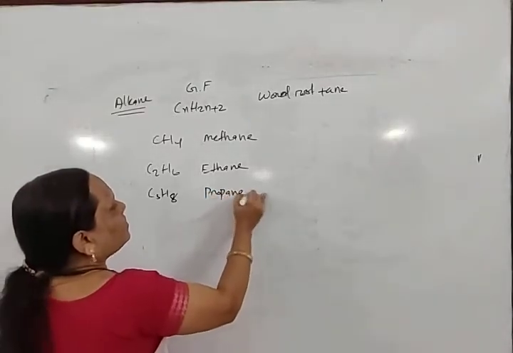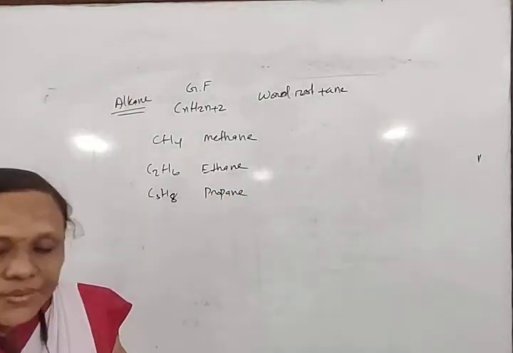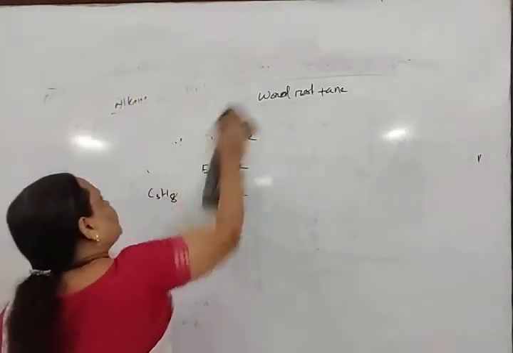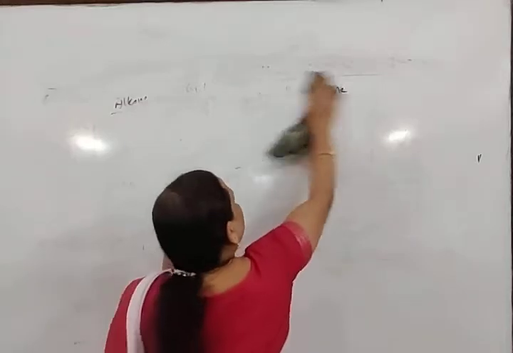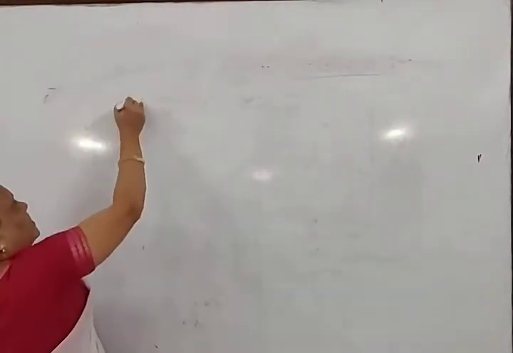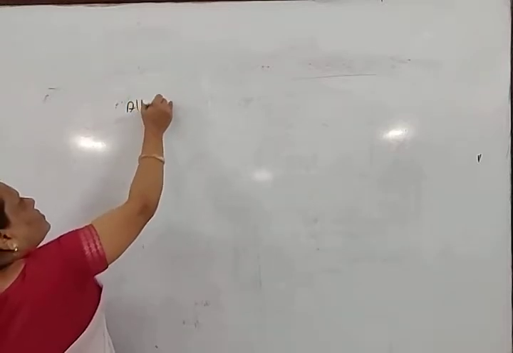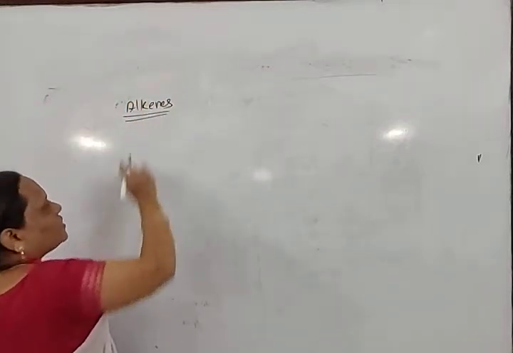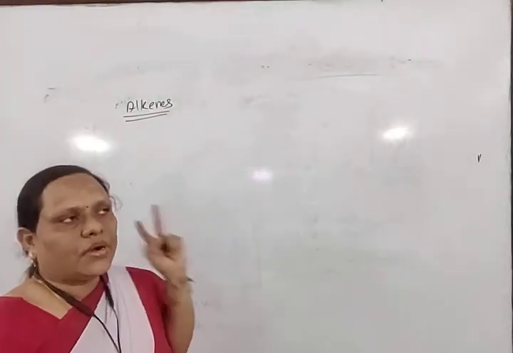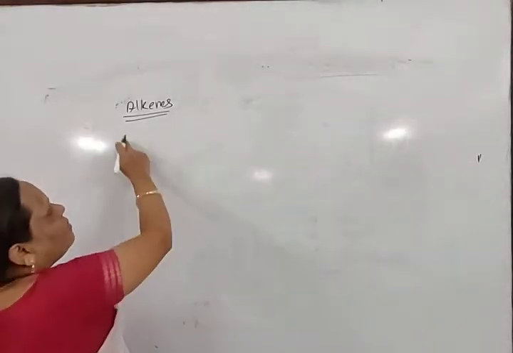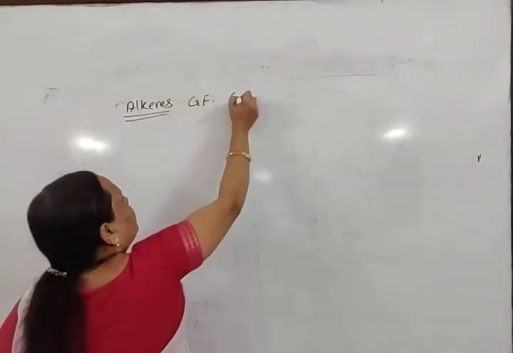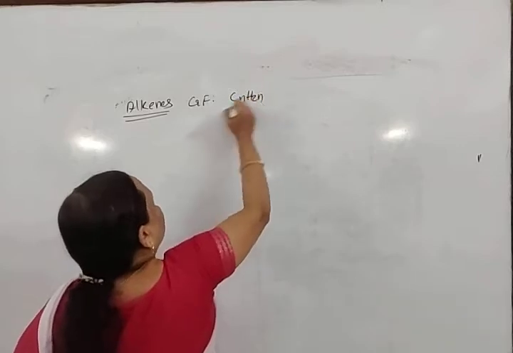Next, how to name alkenes. Here I am going to discuss only straight chain, simple compounds up to 3 carbon atoms. For alkenes, the general formula is CnH2n.